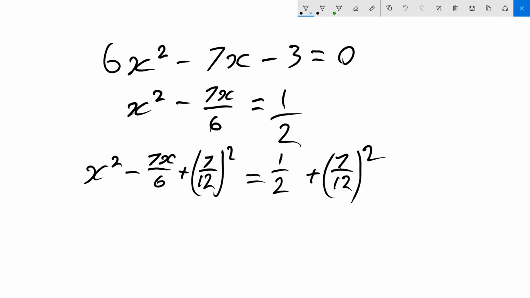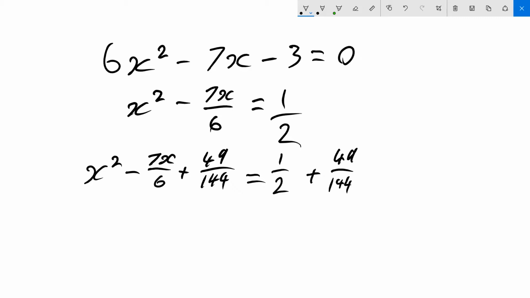So 7 over 12 squared, well 7 squared is 49, and 12 squared is 144. And then let's do the same over here. It's 49 over 144.